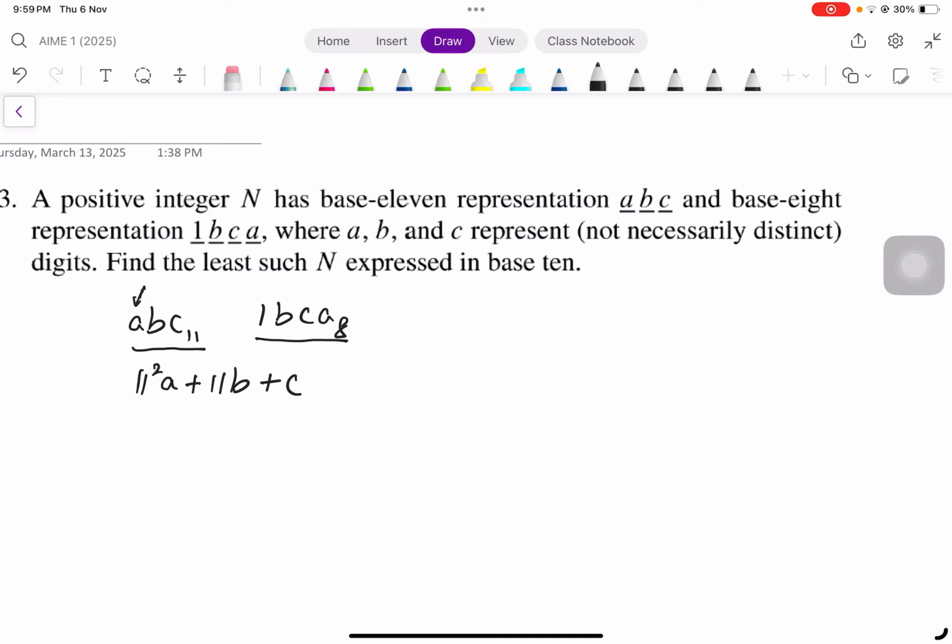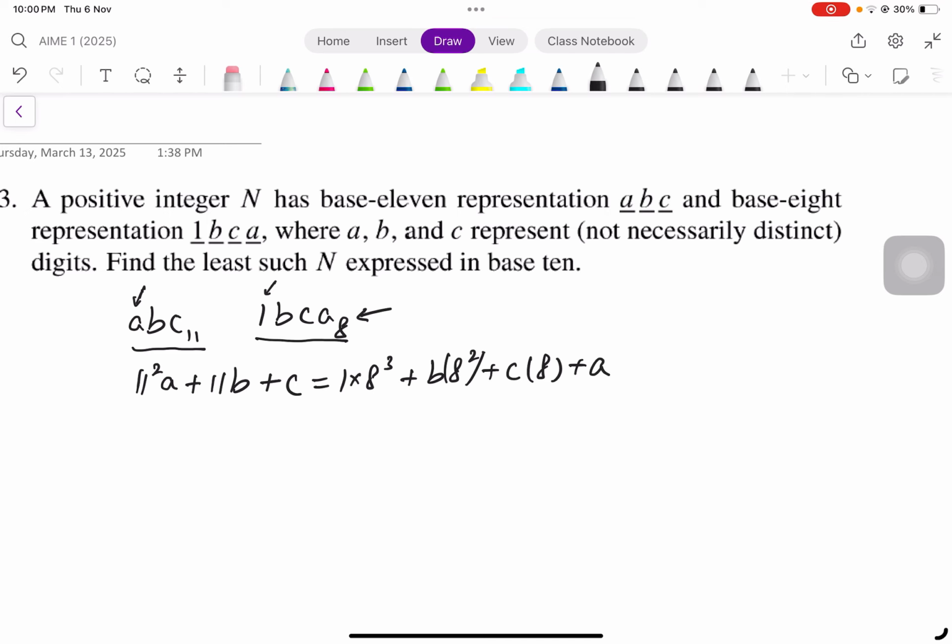And when it comes to base 8, what does this 1 mean? It is actually 1 times 8 to the power of 3, plus b times 8 squared, and then c multiplied by 8, and the last digit is a.